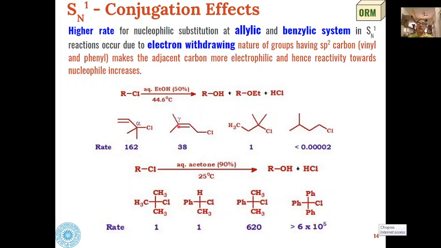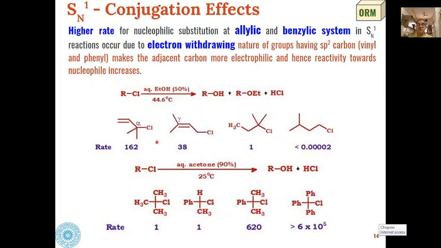If we are having gamma substituted allyl chlorides, then rate of reaction is 38. And if we are having ordinary alkyl halides which are alpha substituted, the rate of reaction is 1. And if we are having beta substituted alkyl chlorides, then rate of reaction is very low.